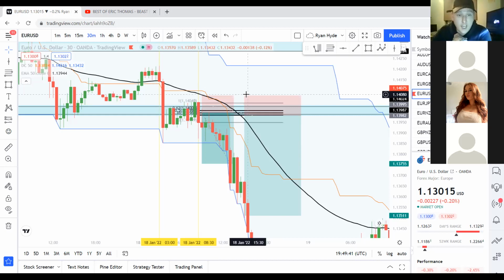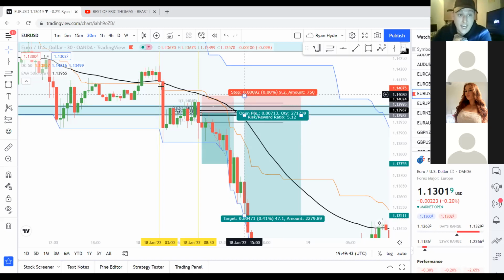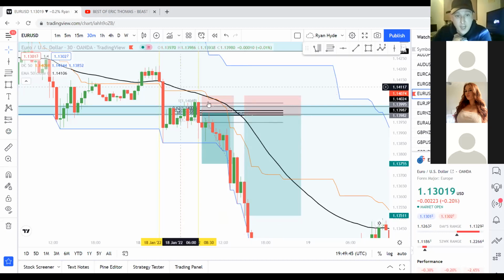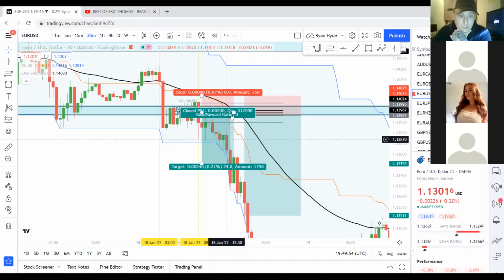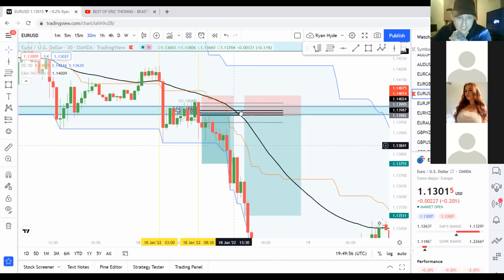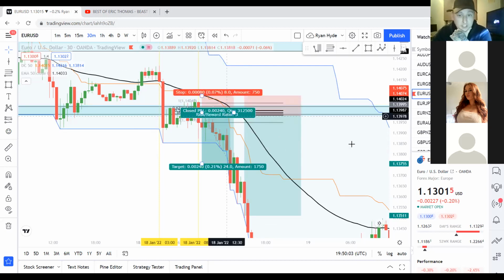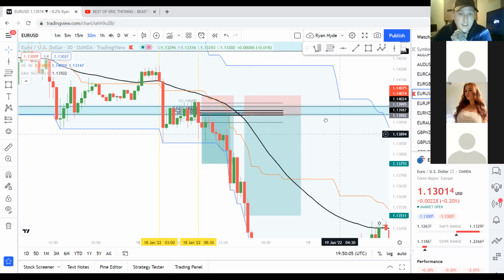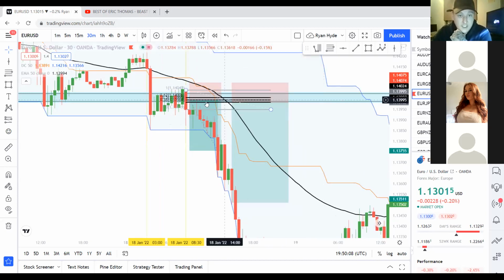For me, I like to always try and have that EMA 50 inside my stop loss, because a lot of times when price makes a pullback, it normally comes up to that EMA 50, touches it and uses it as a moving resistance in this case, and then price begins to move down again. So I always like to have that EMA 50 within my stop loss, so that if price does come back up, you're sort of covered in that regard.